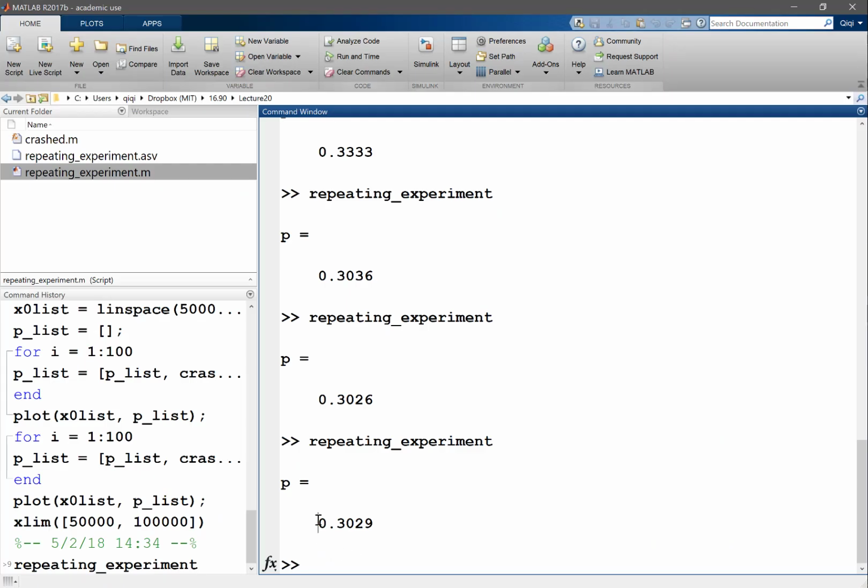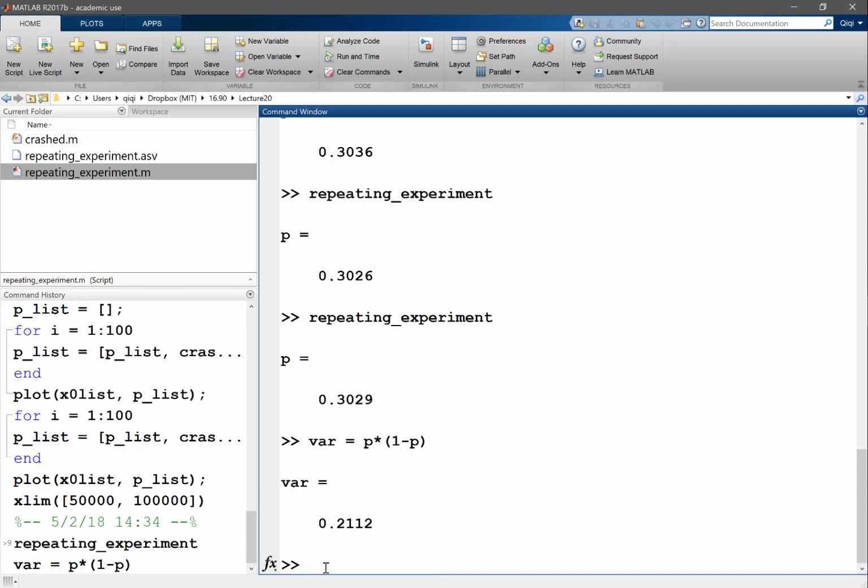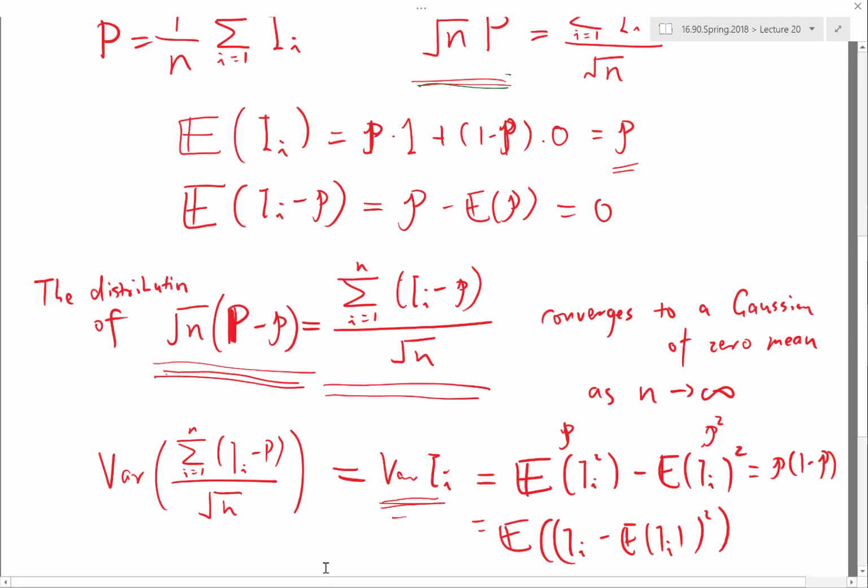Let's take one of these p's and compute the variance, which is equal to p times 1 minus p. This is the variance we get on the square root of n times (P minus small p). If that's the variance of the P minus small p scaled by square root of n, what is the variance of just P minus p?